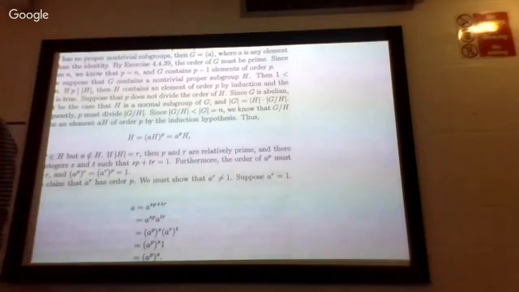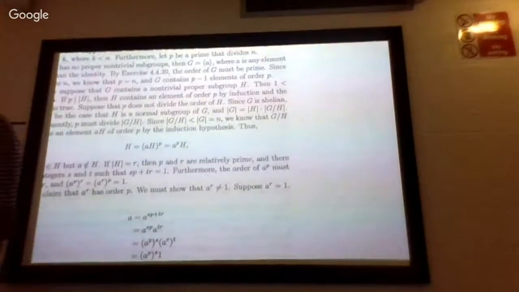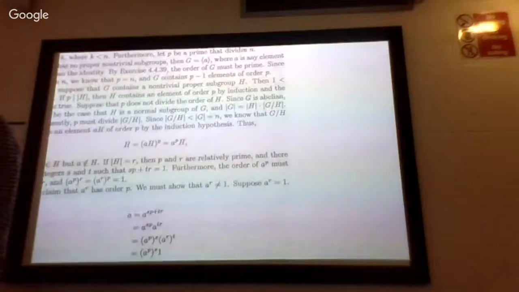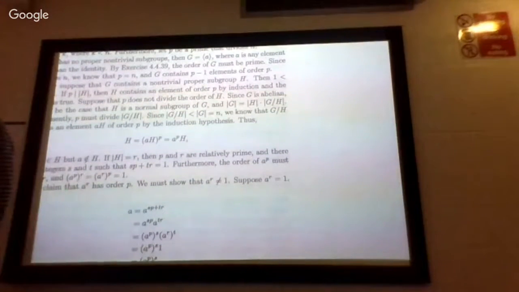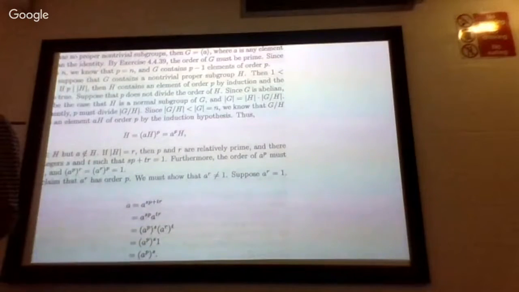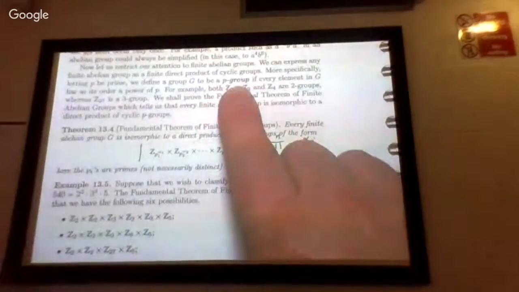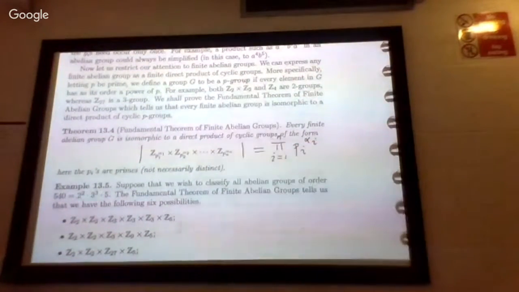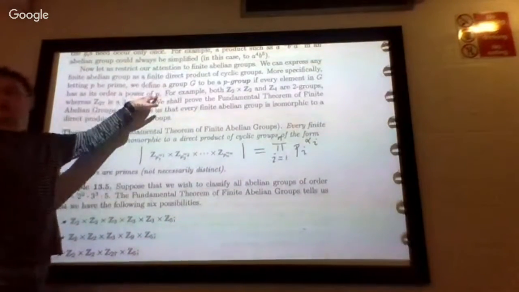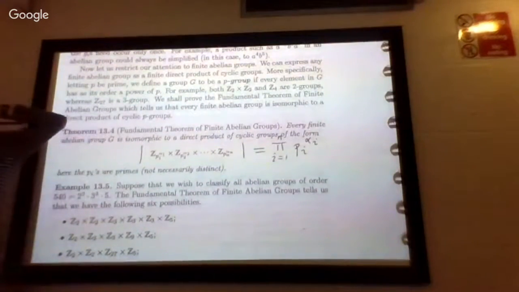Okay, I think we can talk our way through this one as a first step. So this is the first lemma going towards this. We've got a bit of terminology here, which is talking about p-groups. A p-group is a group where every element in the group has order some power of p.